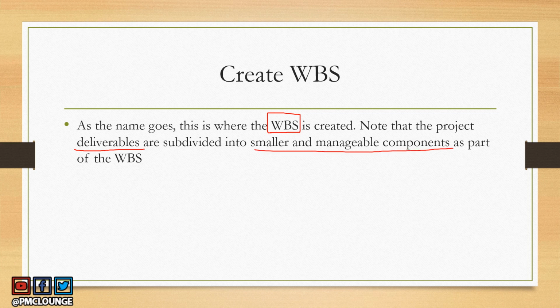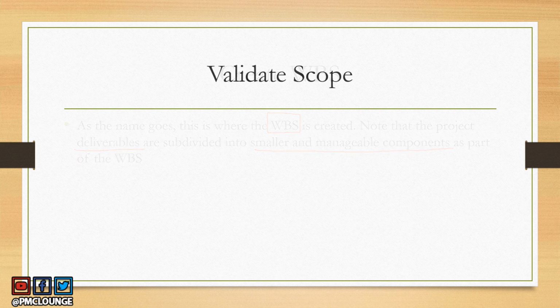This is the very basic definition of what WBS does. So as part of WBS, you basically subdivide or disintegrate the deliverables of the project into smaller and more manageable components.